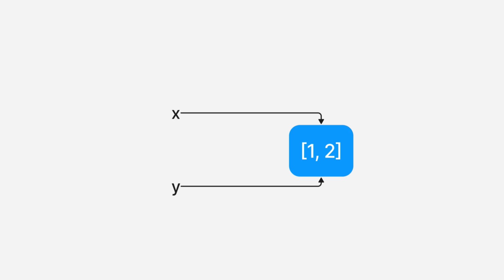They don't store the actual array inside of them, but instead the x and y variables contain a reference to it. They both contain the address for where this array lives in memory.